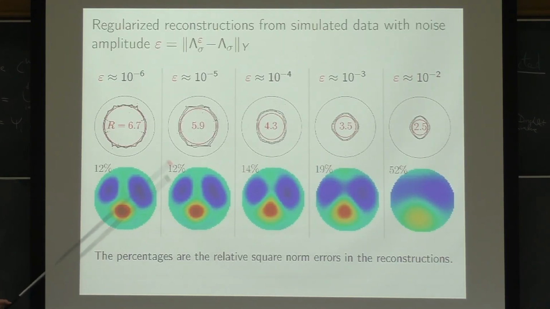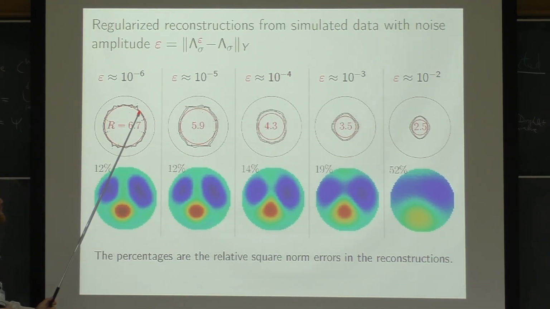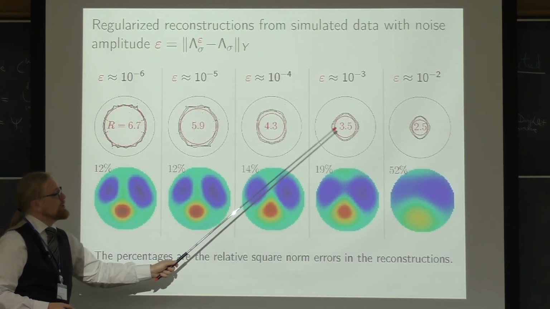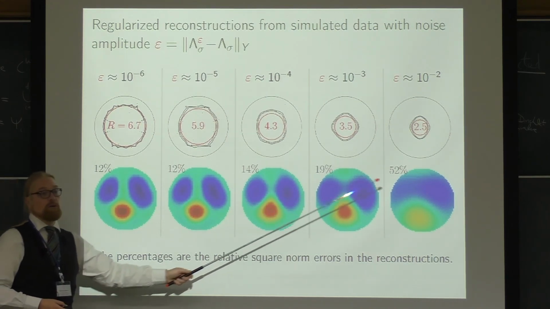Also here you can see what happens when I'm using bigger and bigger noise. We have to truncate more severely, and then we are low-pass filtering our results more and more.